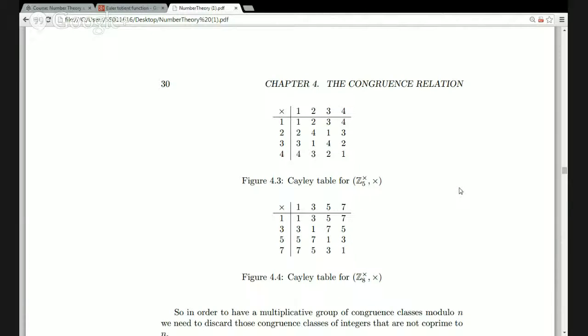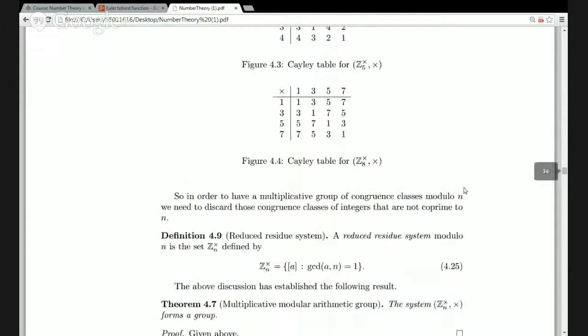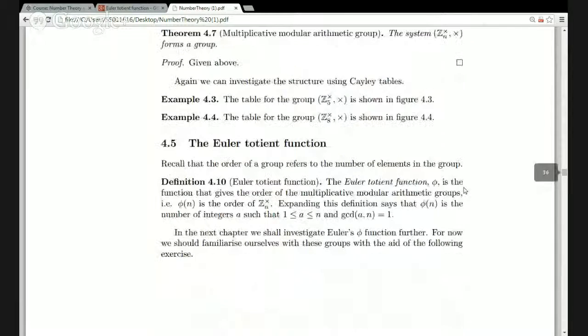So in particular, it's not even clear how big these groups are. If you just shoot a modulus at me, 272, I don't even know immediately how big the multiplicative group is going to be modulo 272. I first have to work out how many elements are going to be in there. How many congruence classes modulo 272 are actually coprime to 272. Could be a lot, or the number could be quite reduced.